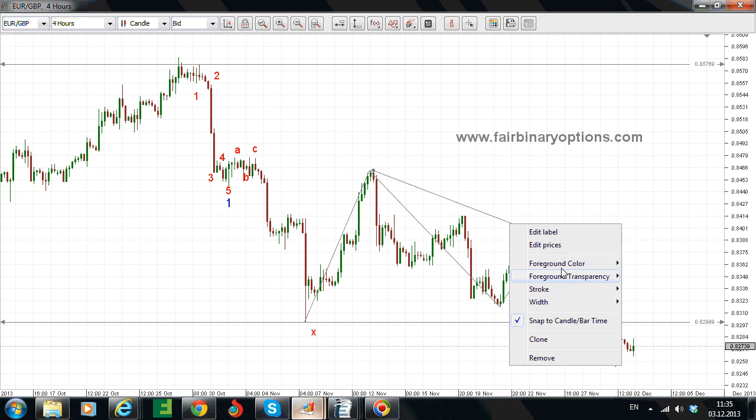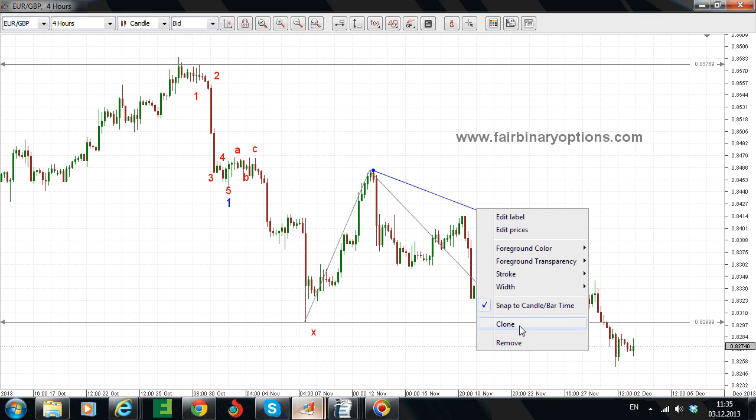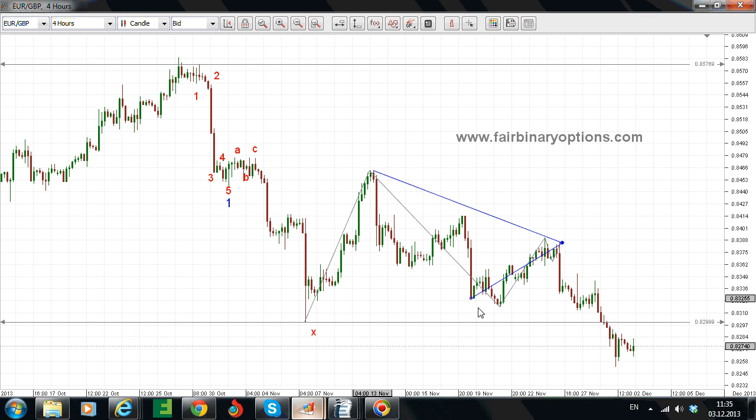Let me change the color for it. And the B and D trend line. And normally this should be labeled as the second correction out of this degree.